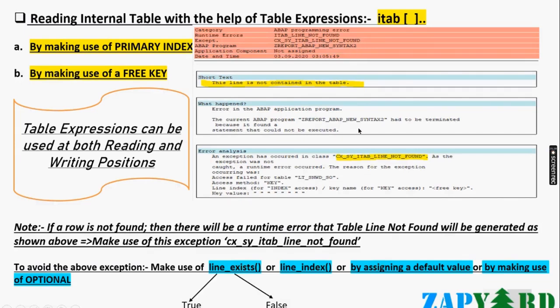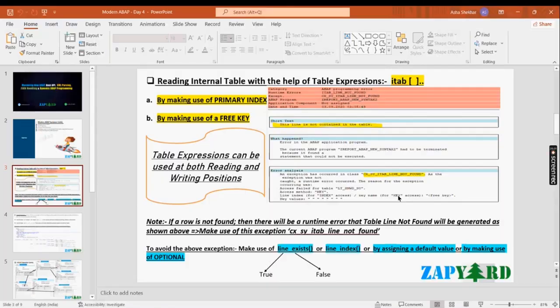And the other thing is that there is no concept of sy-subrc with table expressions. Sy-subrc does not get altered or modified when you are using a table expression. So no sy-subrc can be applied on table expressions. Neither can the concept of binary search be applied on table expressions. So I'll just make a note of it.